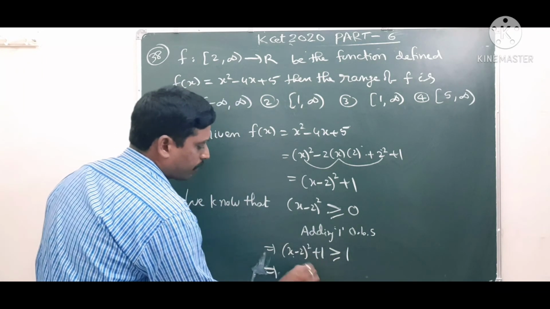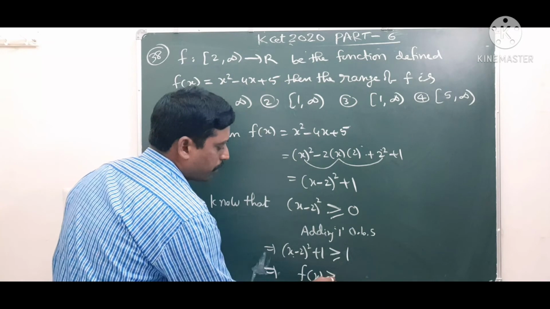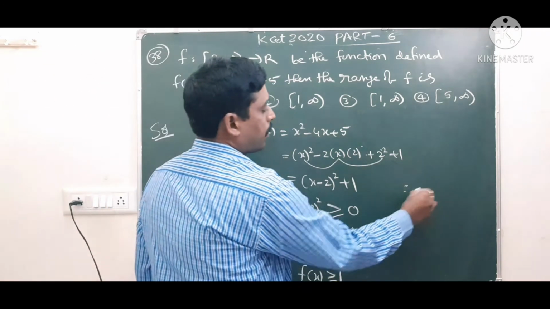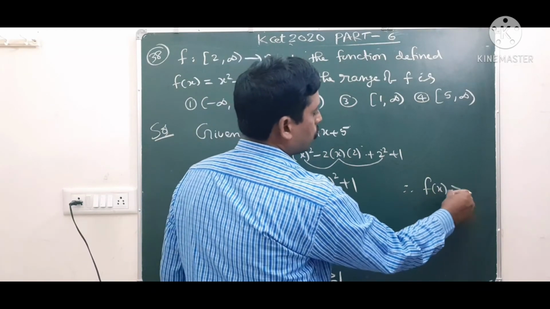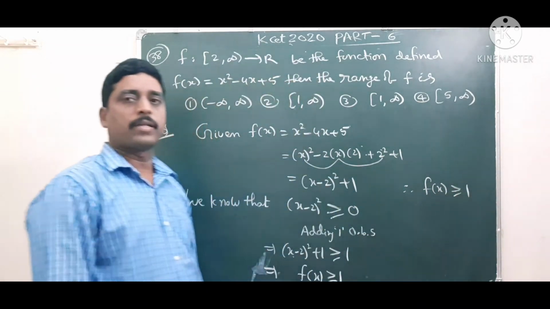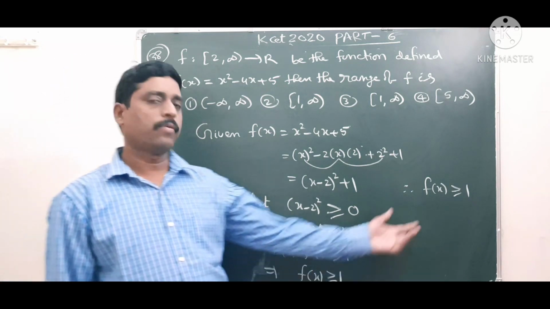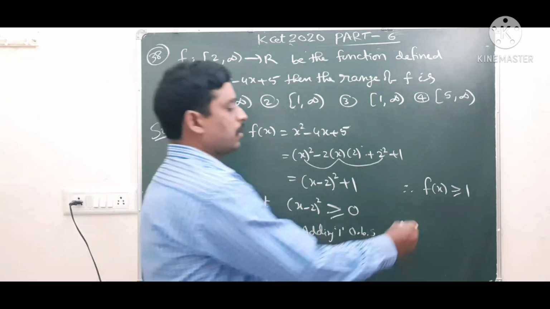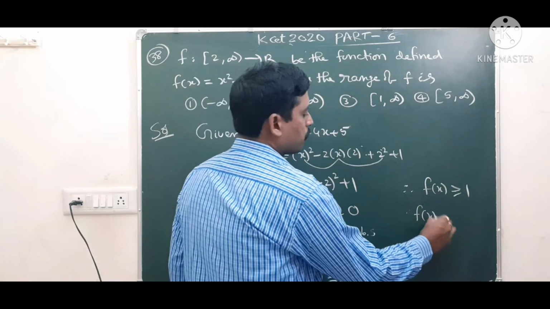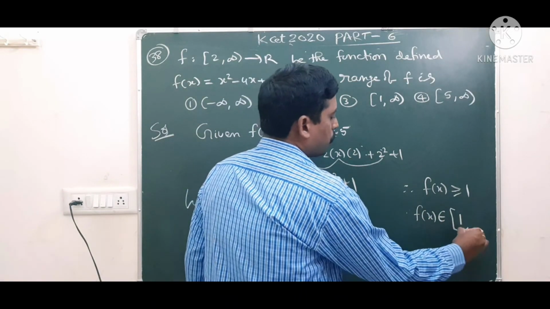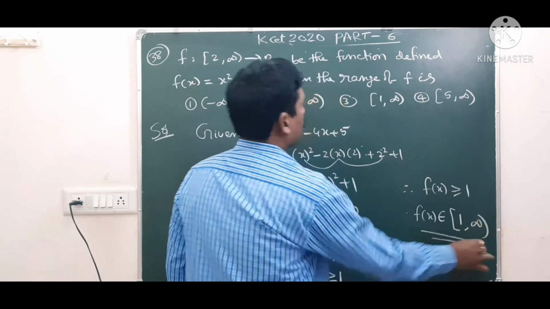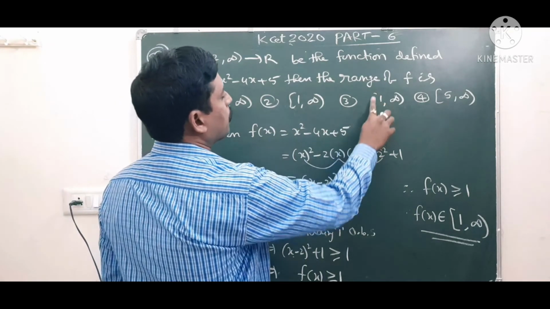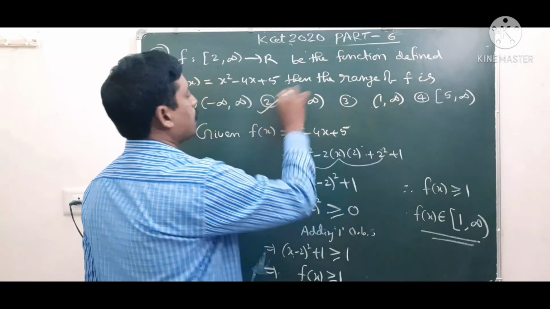So f of x should be greater than or equal to 1. So f of x takes the value 1 and numbers more than 1. Therefore, f of x belongs to the closed interval 1 to infinity. Which option is correct? The third option is an open interval, so the second option is correct.